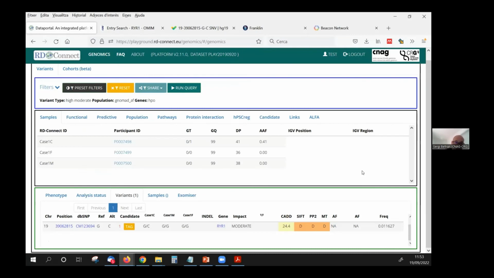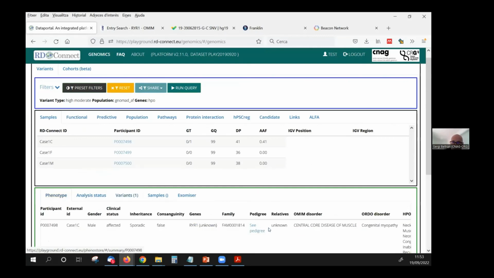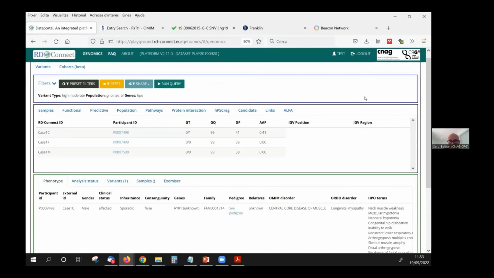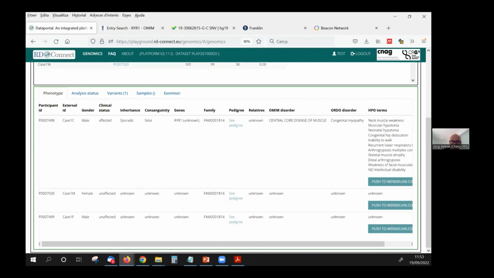So I told you that we are integrating the phenotypic data together with the genetic data. So you always get a summary in the main window about the family that you are looking at, the different IDs, the information.